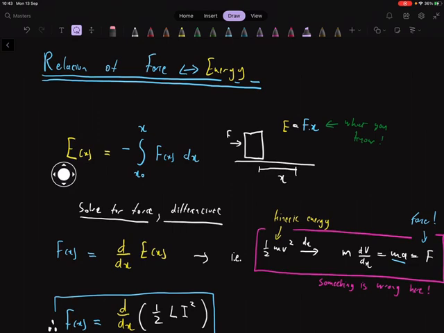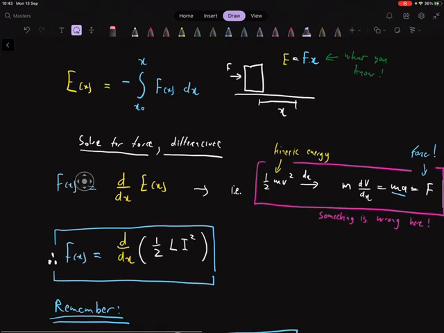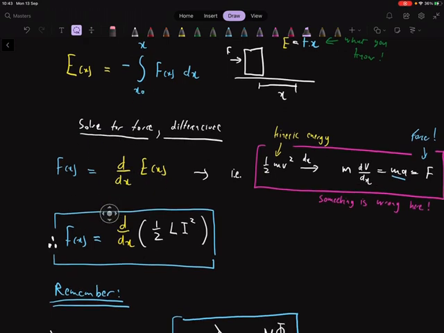So I bet you didn't know that you could relate energy and force like that. But it is very important to know. So we can say force is equal to the derivative of energy by doing the reverse, because if you differentiate... I think that's called the fundamental theorem of calculus. It took me a while to realize that's what it was, but this is the fundamental theorem, where you can relate integration and differentiation.